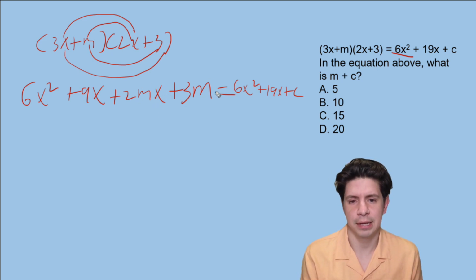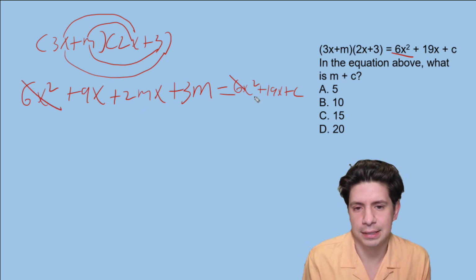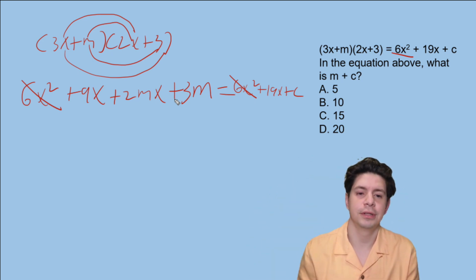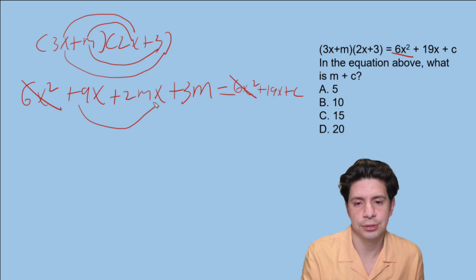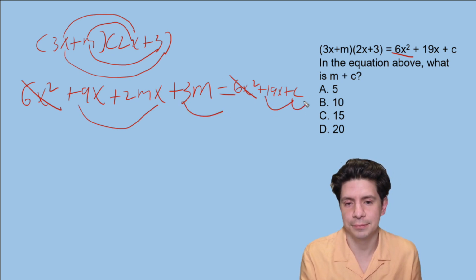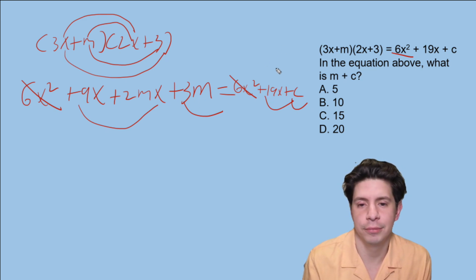We have x, m, and c, but the x's can cancel. So 6x² and 6x² cancel. Each individual exponent unit is going to be matching. So the 9x + 2mx goes with 19x, and the 3m goes with c. Let's find what m is, and then we can find what c is.